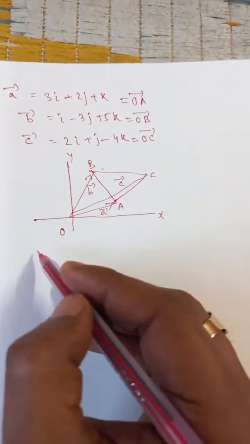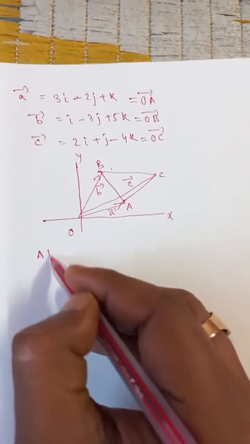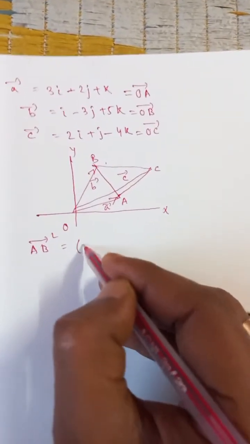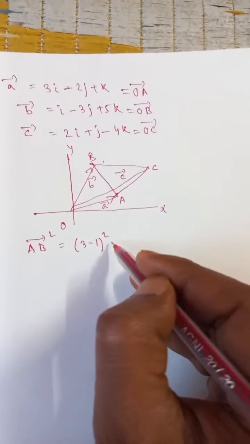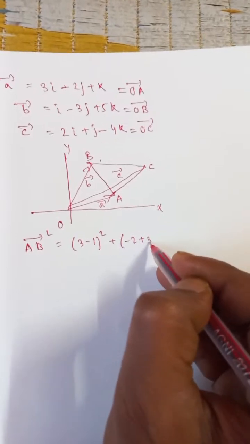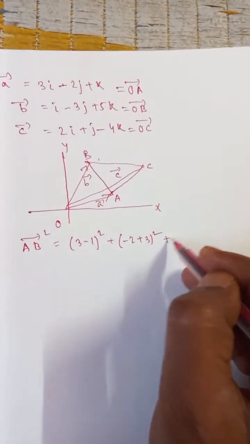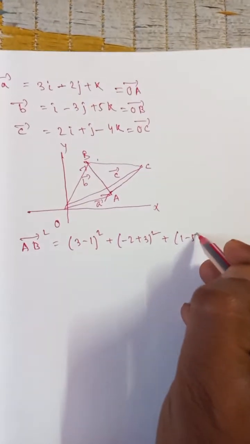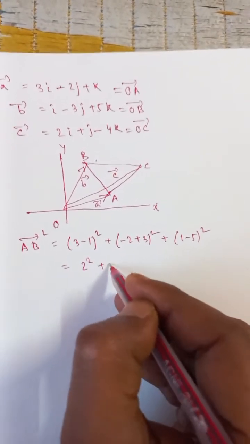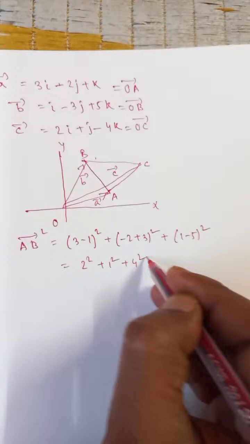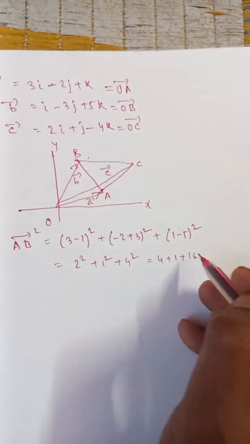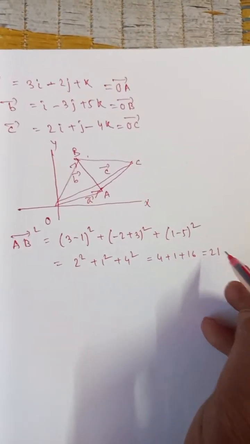AB whole square will be (3 minus 1) whole square plus (minus 2 plus 3) whole square plus (1 minus 5) whole square. So it will be 2 whole square plus 1 whole square plus 4 whole square, 4 plus 1 plus 16, so it will be 21.